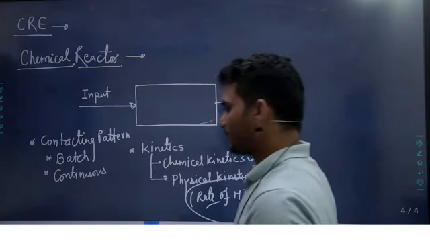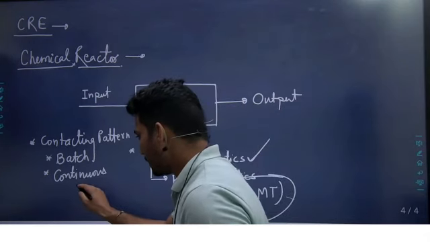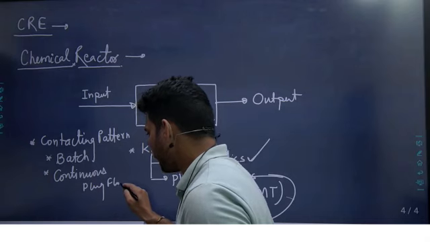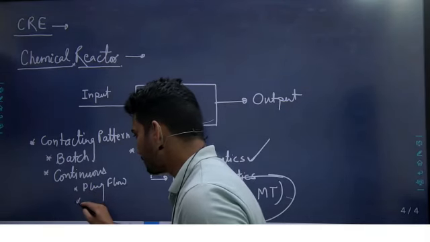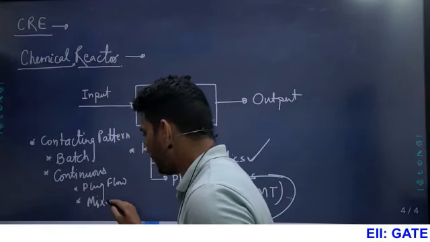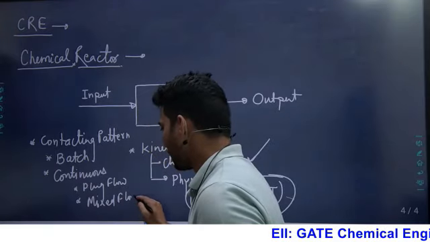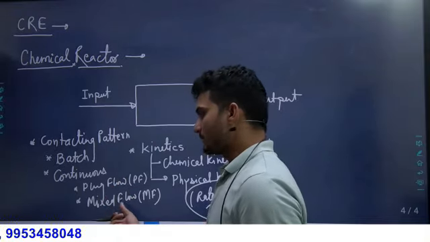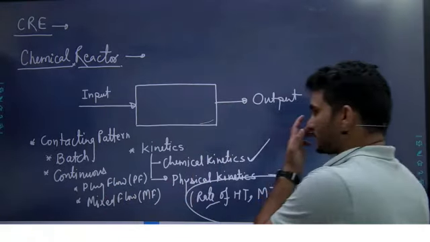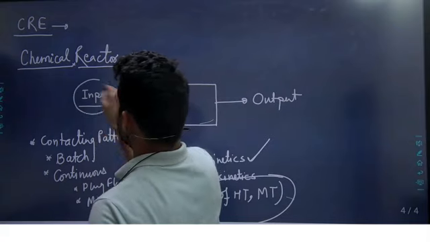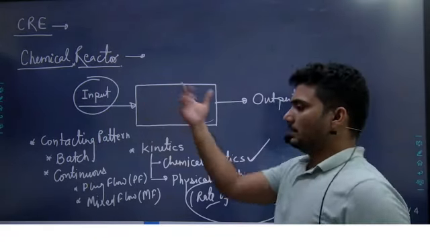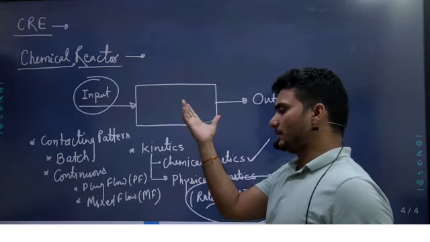But after that, contacting pattern means either plug flow or mixed flow. Again, try to understand: we have the input, the raw material now ready for the reaction. Then it is the vessel, where we maintain the favorable condition.